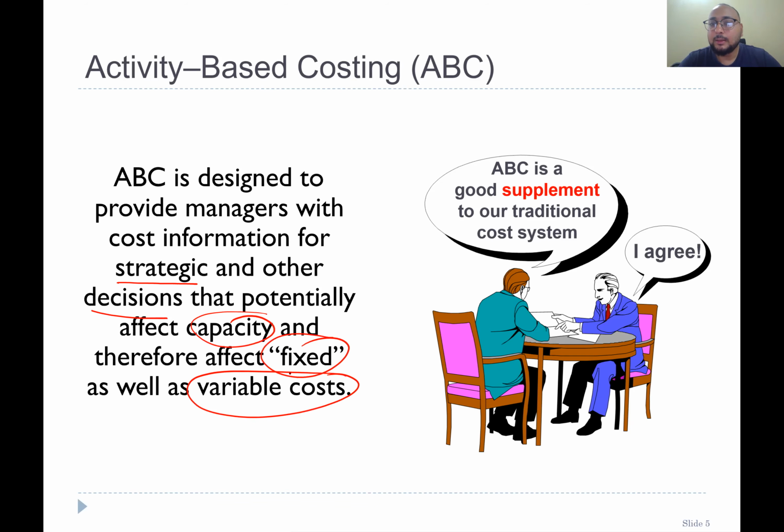Basically, ABC is a good supplement to our traditional costing system, in which we don't talk about the segregation of fixed and variable cost, we just talk about the cost and the measurement of the cost with a different perspective.